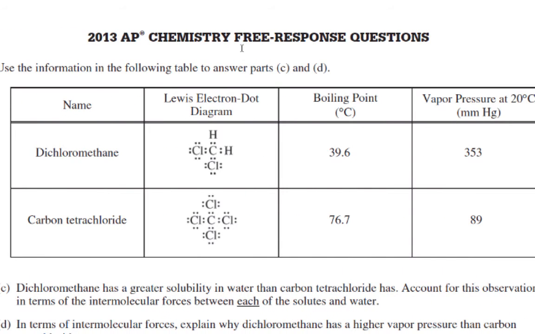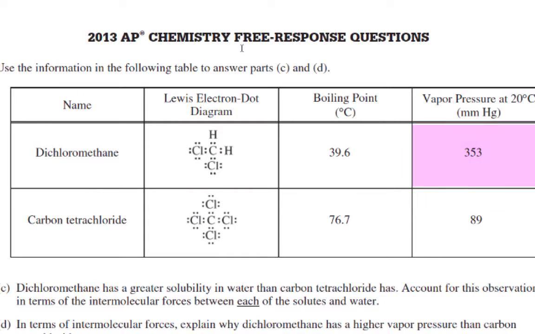All right, so just to show you what happened in 2013, what do they care about, right? They want you to understand hydrogen bonds, London dispersion forces, how that affects vapor pressure, and thus how it affects boiling point. So just looking at these molecules, carbon tetrachloride and dichloromethane, if you look at it, the boiling point is much lower in the dichloromethane, and also notice that it has a much higher vapor pressure.